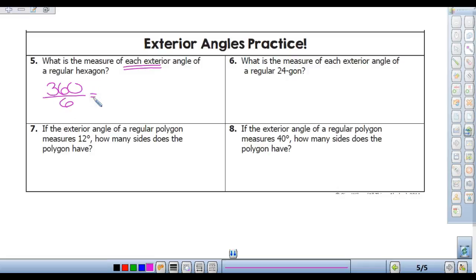So each one has to be 60 degrees. Okay, in a 24-gon, how many degrees? 360, because it's exterior angles, divided by 24. Each one has to be 15 degrees.